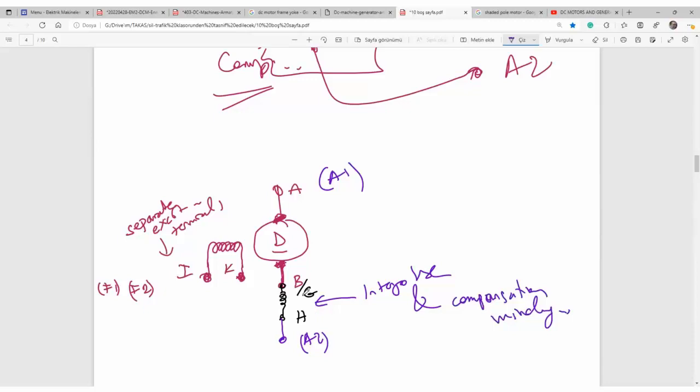Because those windings are designed to eliminate adverse effects of armature reactions, they must be used.